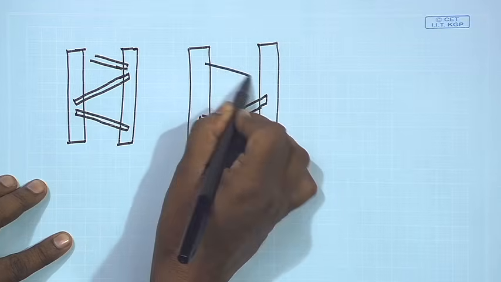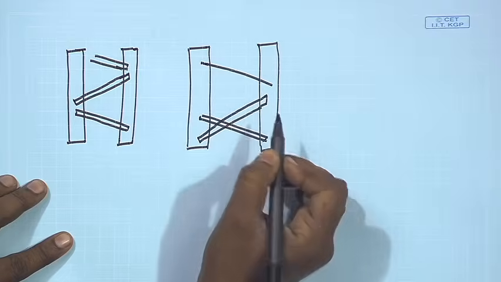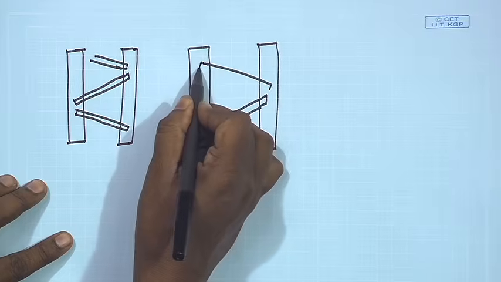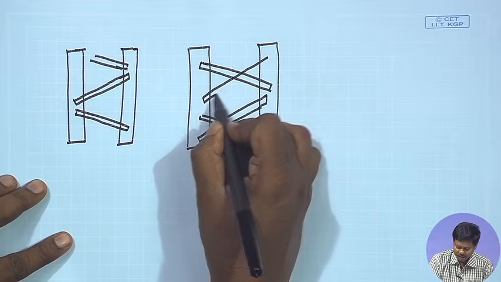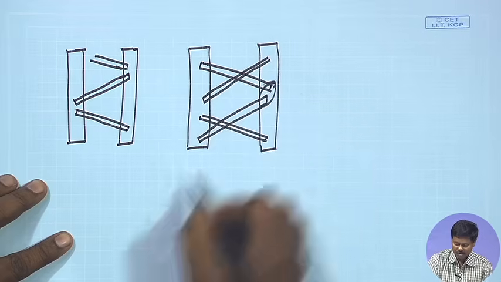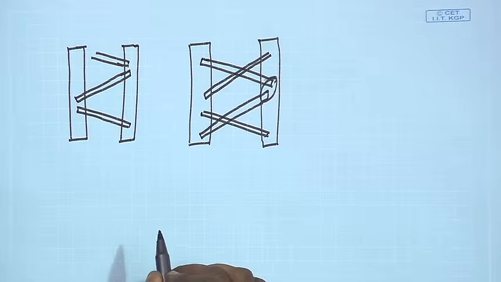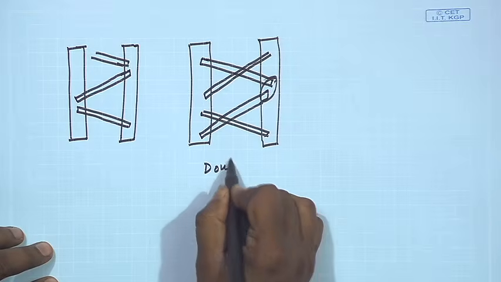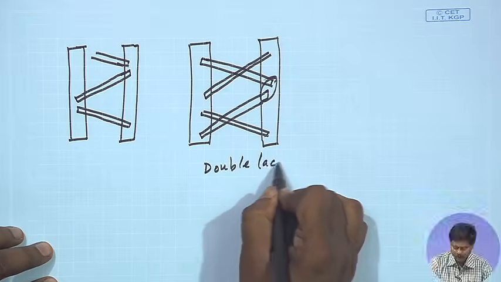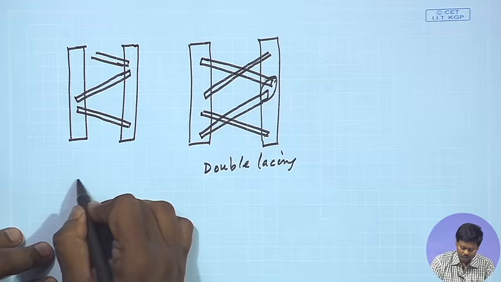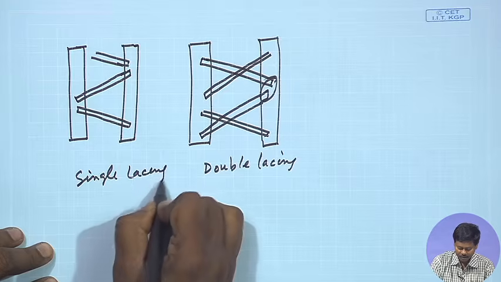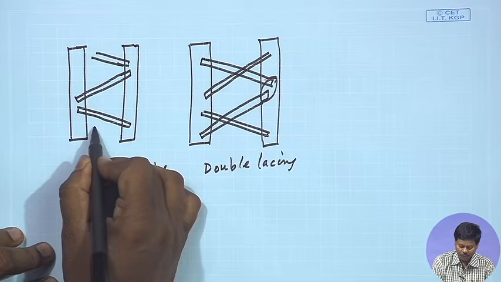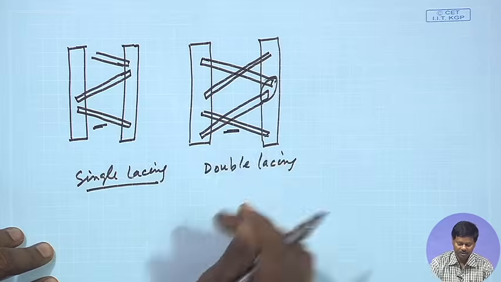In different ways we can connect, maybe separately we can connect, maybe this can be connected together. So, this is called double lacing. When we are designing, we have to first decide whether we are going for single lacing or double lacing, because accordingly the force on the lacing member will come into the picture, and that has to be taken care of.